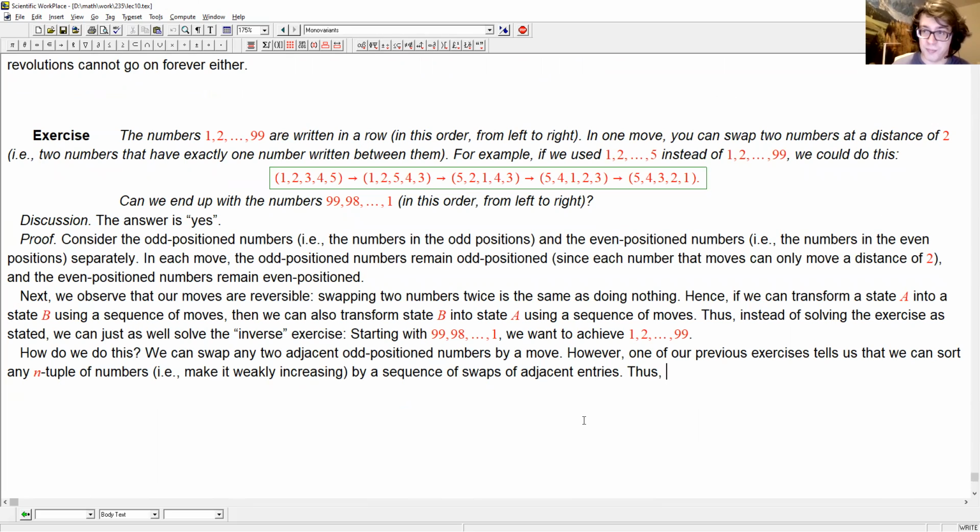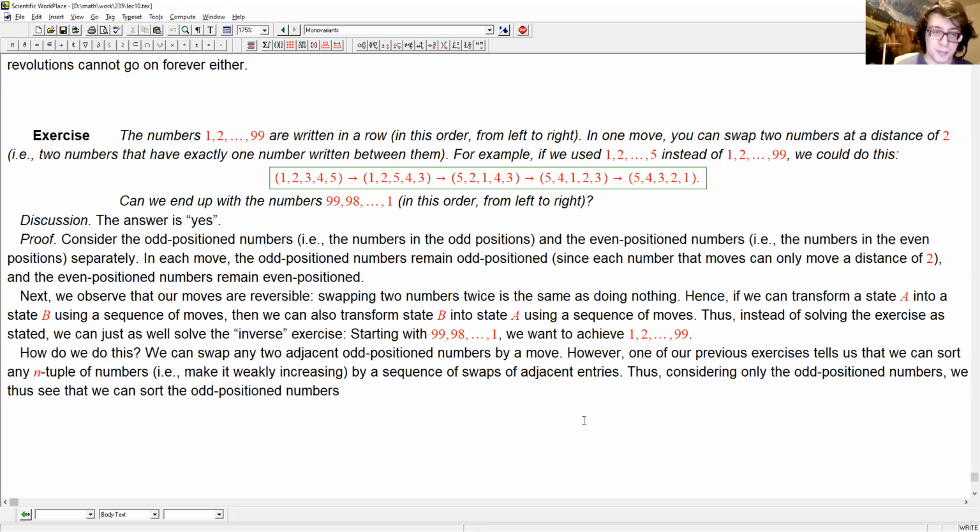So, considering only the odd positioned numbers, we thus see that we can sort the odd positioned numbers by a sequence of moves, because swapping two adjacent odd position numbers is a move in our sense.